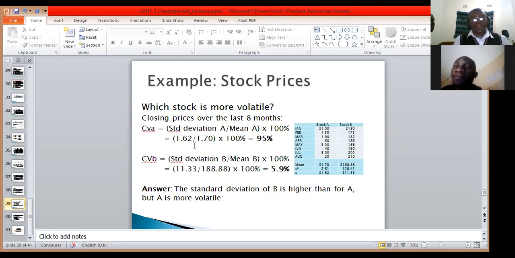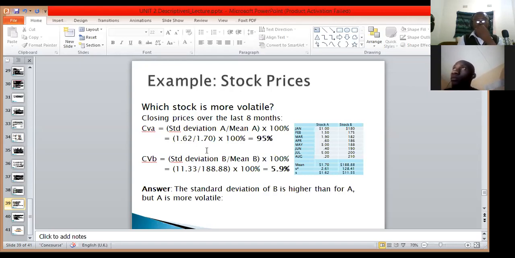So we are trying to see how we apply this knowledge in business. Why do we calculate the coefficient of variation? We are given an example of stock prices. We are told that there are some stocks with different coefficients of variation.